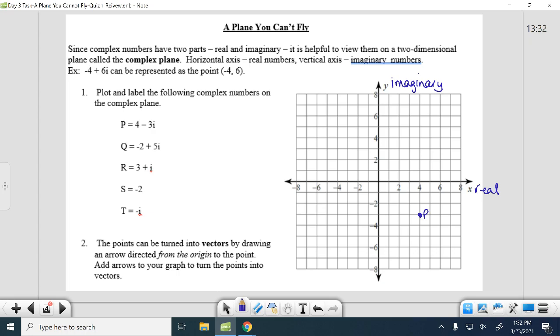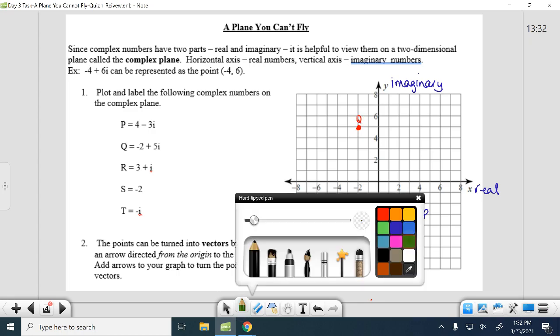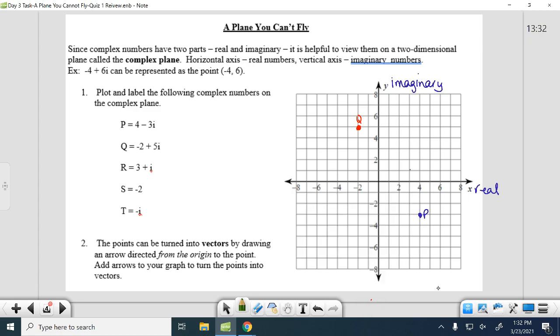There's P. I'll pick a different color for each. Q is going to be negative 2 plus 5i, so that's going to put us in quadrant 2 for Q. And R is 3 plus i, so positive 3, up 1 would be R.